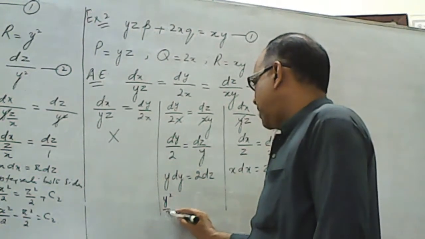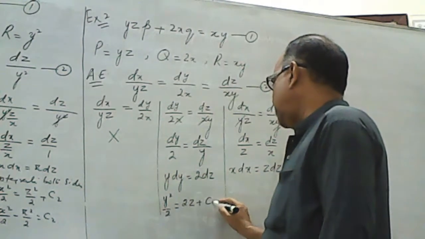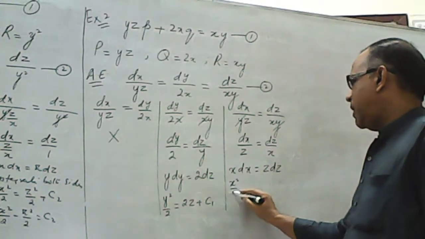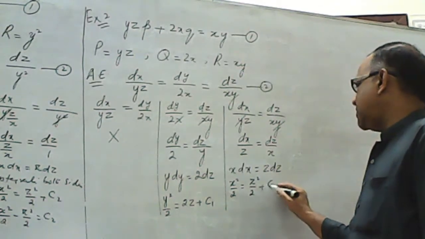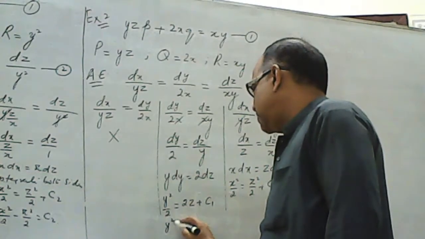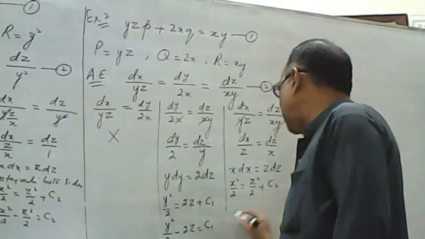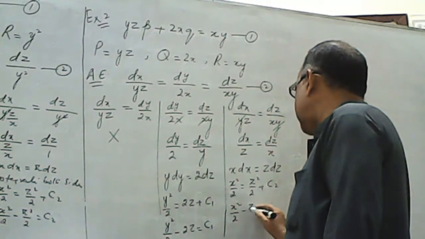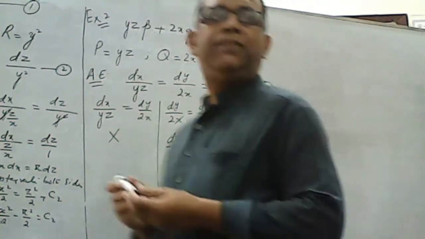So y square by 2 is equal to 2z plus c1, and here x square by 2 is equal to z square by 2 plus c2. It means I can write this one, y square by 2 minus 2z equal to c1, and x square by 2 minus z square by 2 equal to c2.